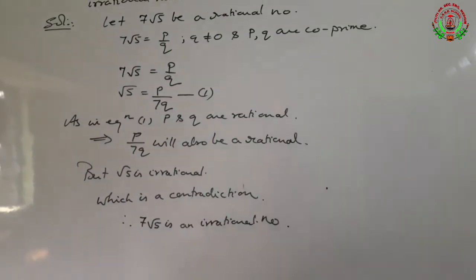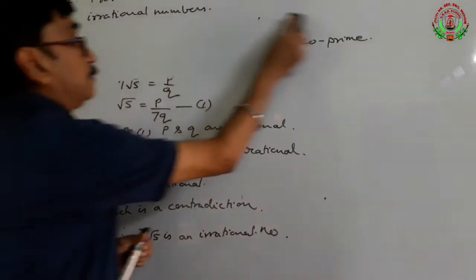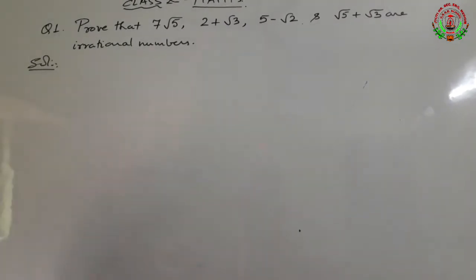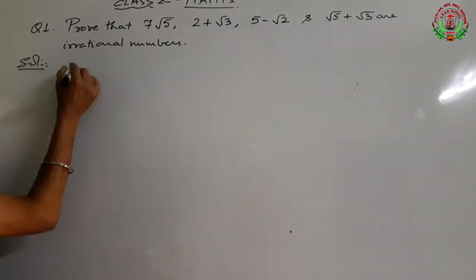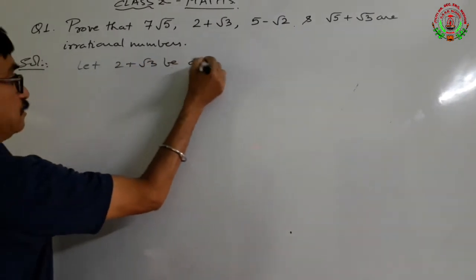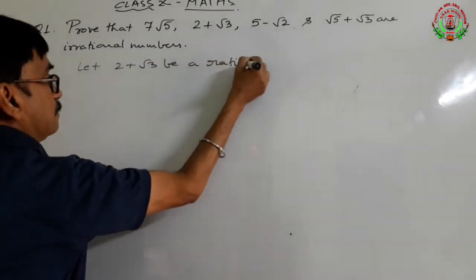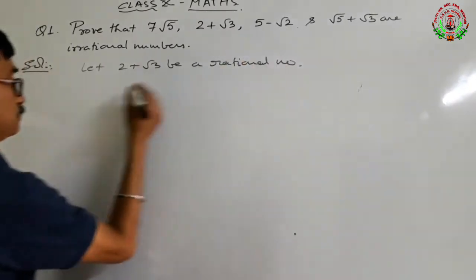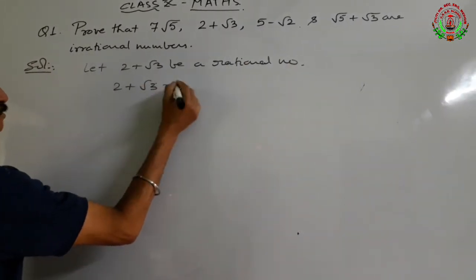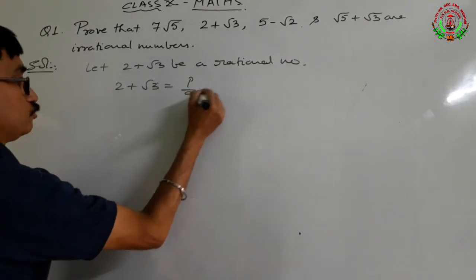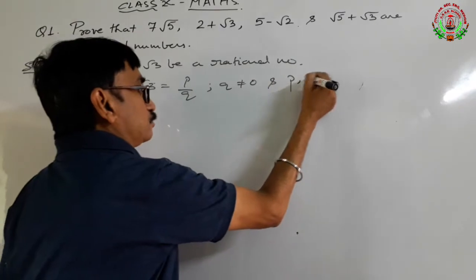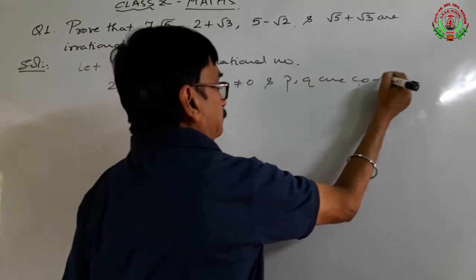Now it comes to the second question, that is 2 plus root 3. Let 2 plus root 3 be a rational number. So in the same way 2 plus root 3 is equal to p upon q, where q is not equal to 0 and p, q are co-prime.